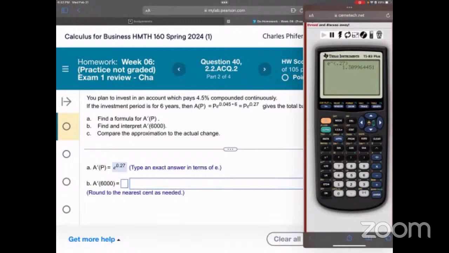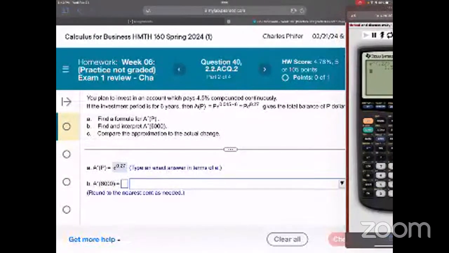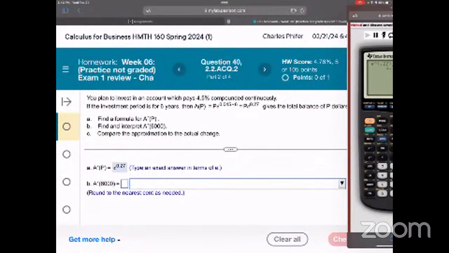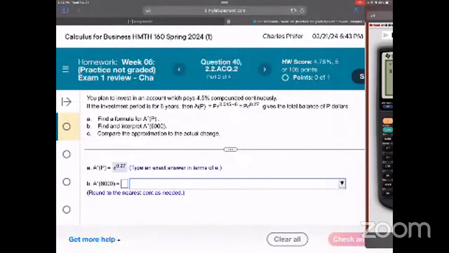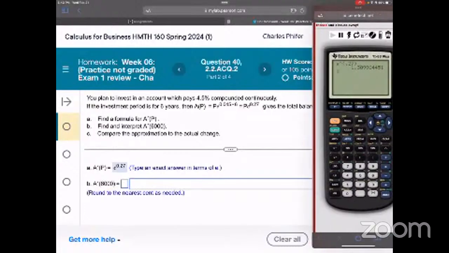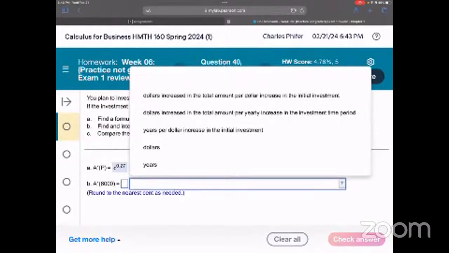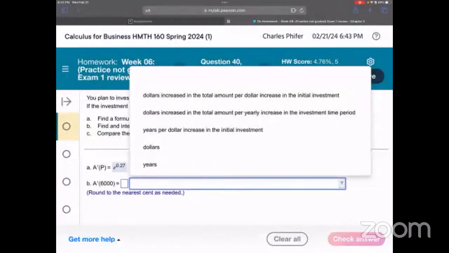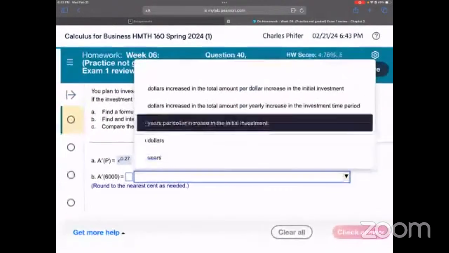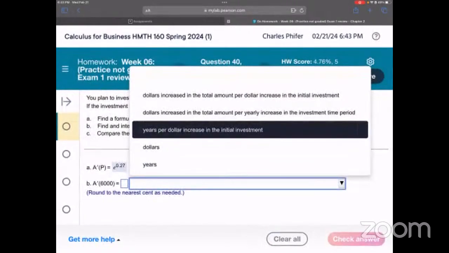Is it? Let me see. $1.31. Is it dollars per year? Let me see what my options are here. Dollars increase. Years per dollar? No, it's dollars. Total amount per yearly increase. Dollars increase in the total amount per dollar increase is not the first one.